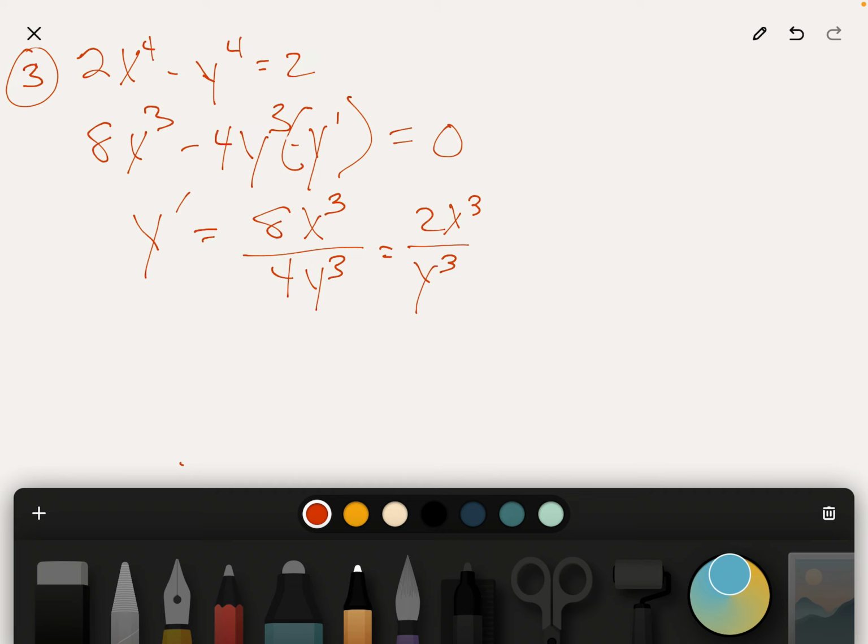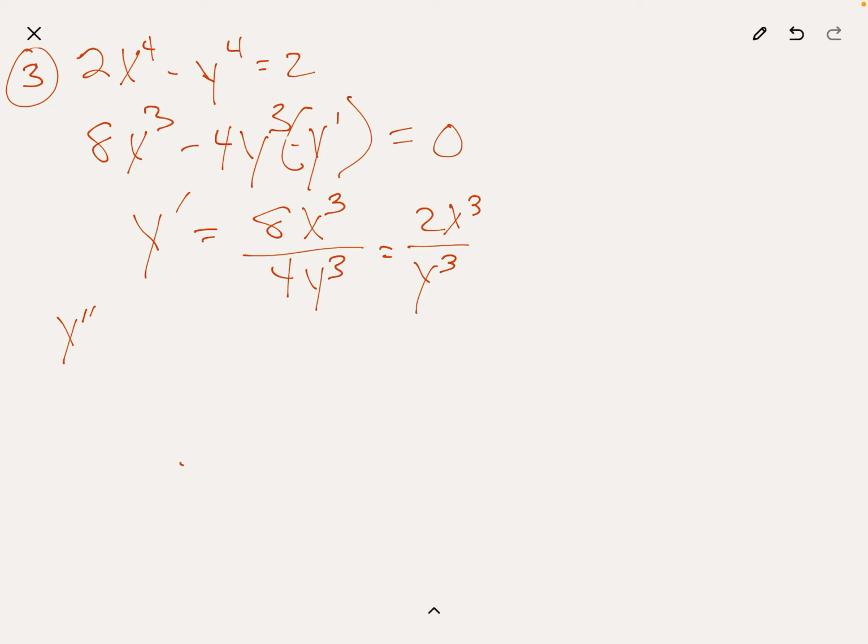Okay, and then I think you saw you have to use the quotient rule to get y double prime. So we need to know, I use n for numerator, d for denominator. So n prime equals 6x squared and d prime equals 3y squared times y prime.